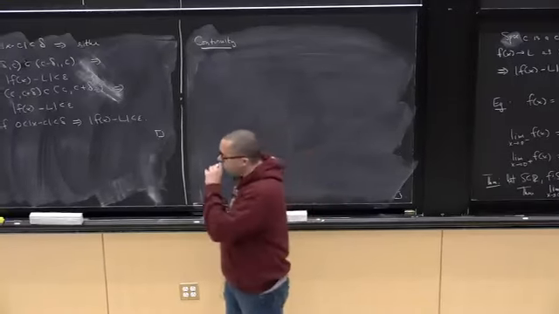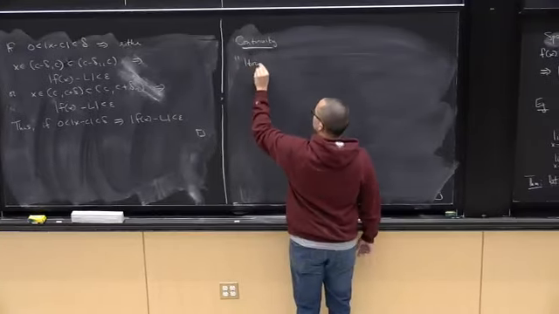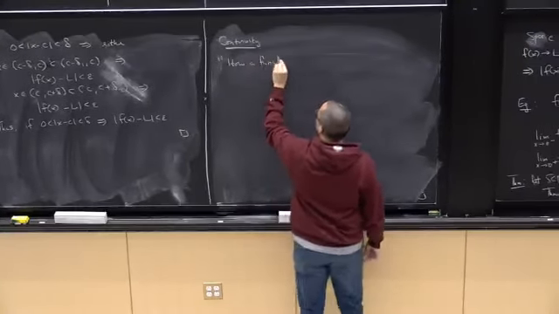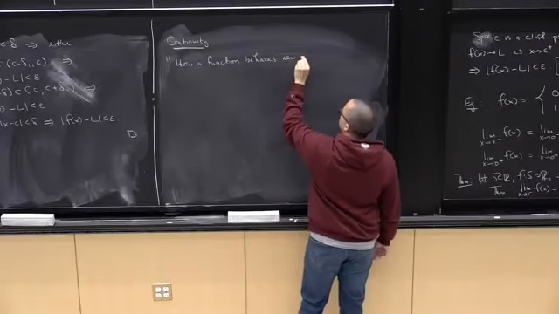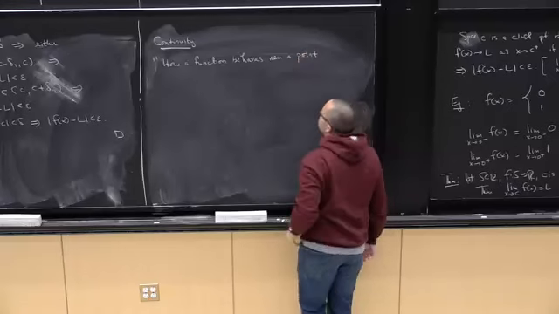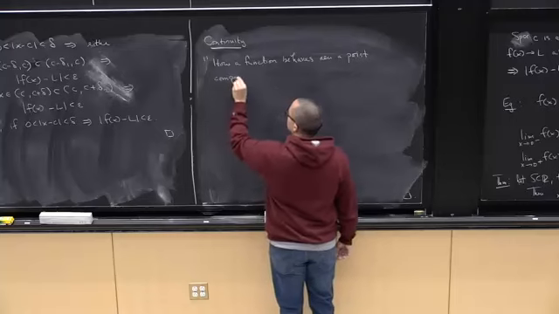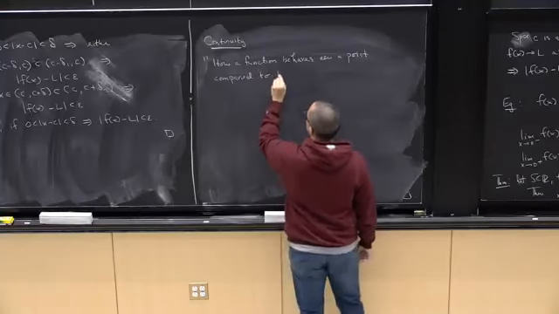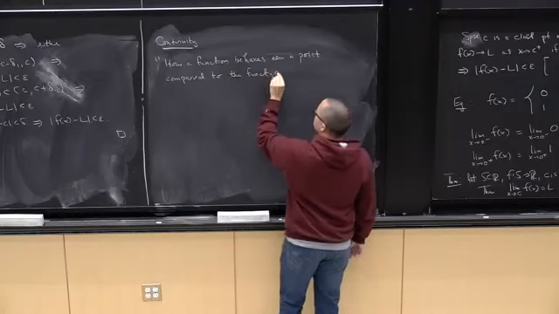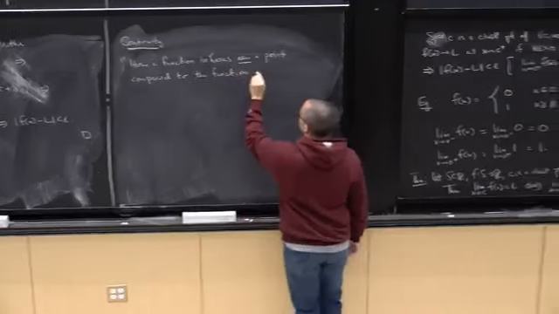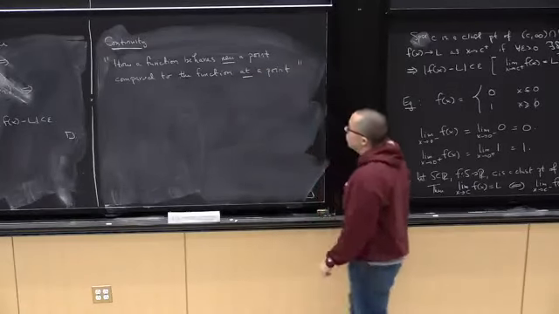And so you can even write this down: how a function behaves near a point compared to at the point. Okay?